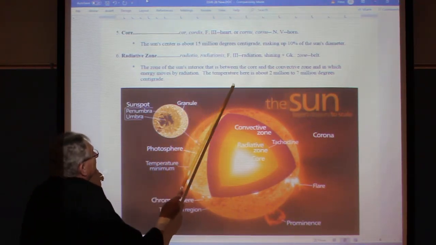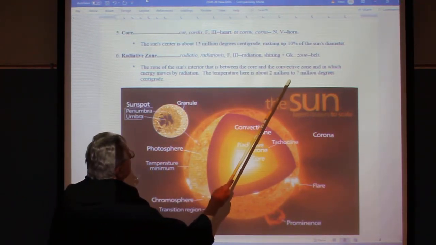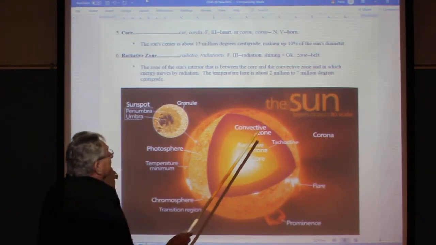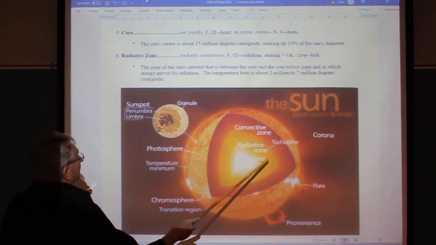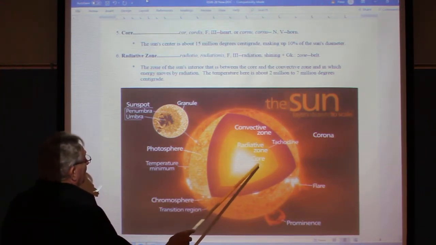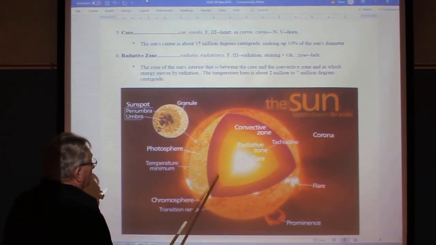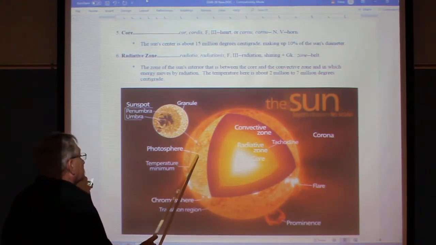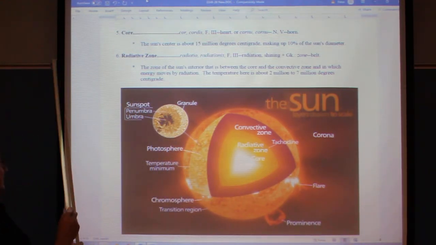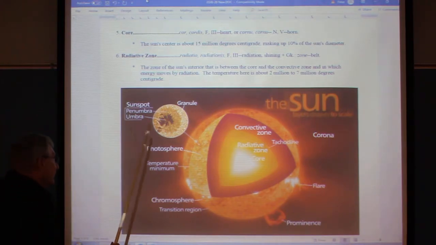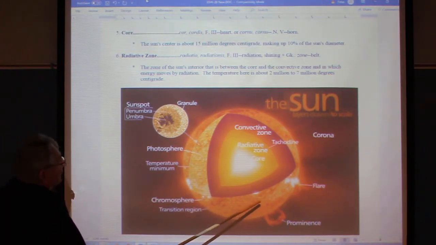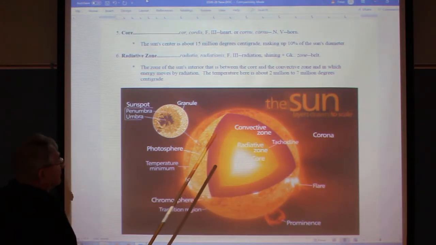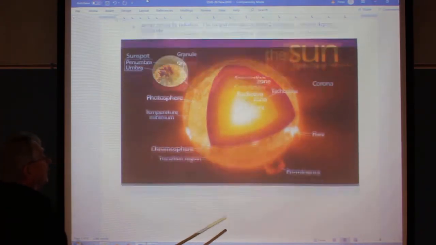The temperature here is about 2 million degrees to about 7 million degrees. And if you look at the core, you have the radiative zone, then the convective zone, and then the photosphere. That's where the light comes from, and that goes all the way out into space. And between that you have the chromosphere, and a few more prominences and flares, which we'll talk about a little later. And the corona.